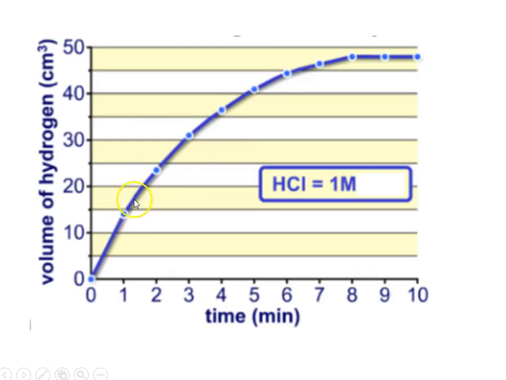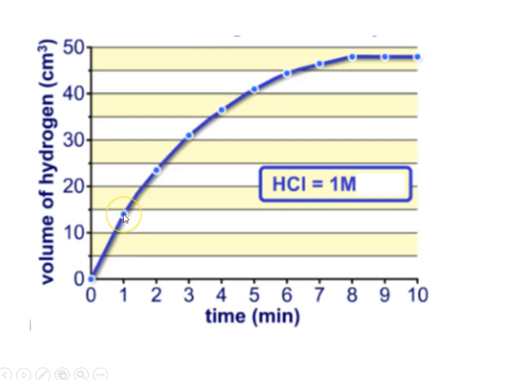So then we plot. So first minute it makes about 14, this is centimeters cubed, which is about a mil. It's about 14 mils of hydrogen gas formed in the first 1 minute.